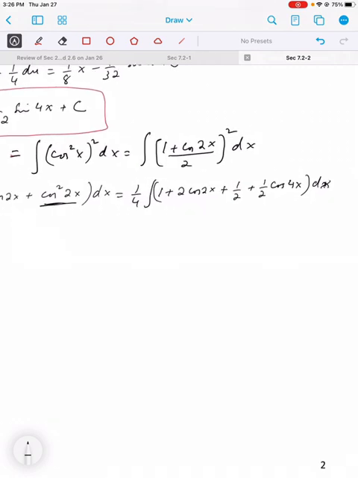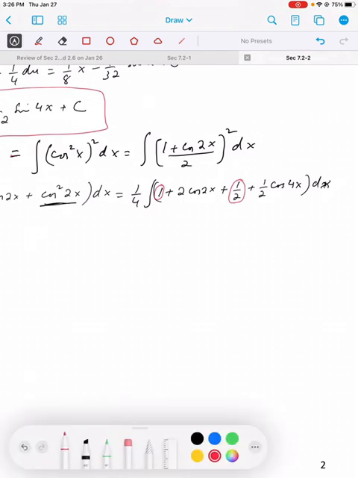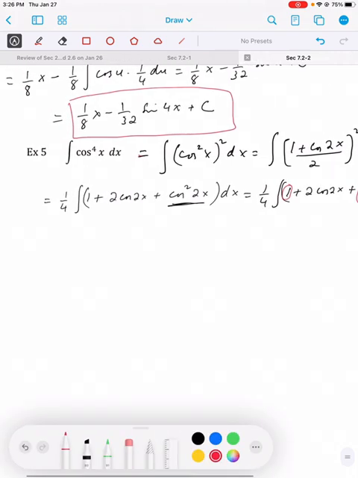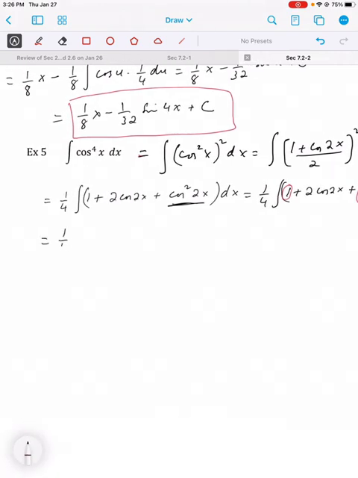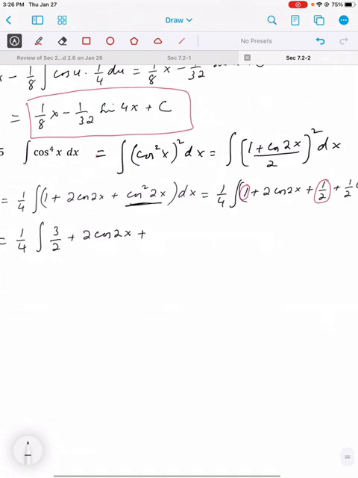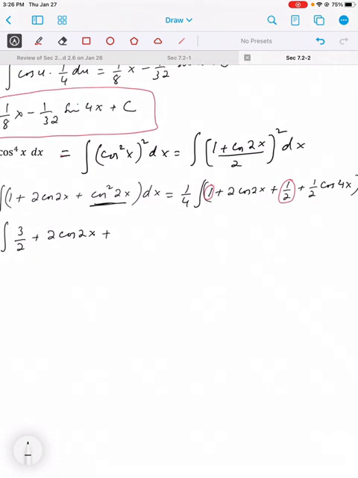Now we can see that these two numbers combine. So we get 3 over 2. So we have 1/4, and then inside the integral we have 3 over 2 plus 2 cosine of 2x plus 1/2 cosine of 4x dx.